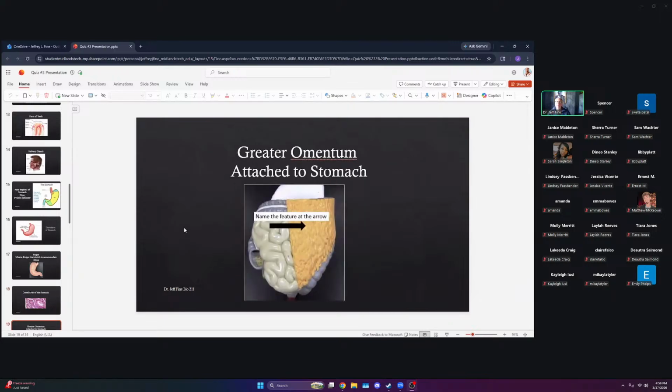All right, then we have what is called the greater omentum. And what we're seeing here is this yellow area right here, this sheet of connective tissue, okay, that is yellow or goldish color, is called the greater omentum. Now, in actuality, it would continue all the way across.